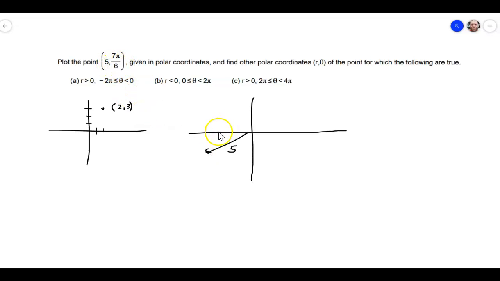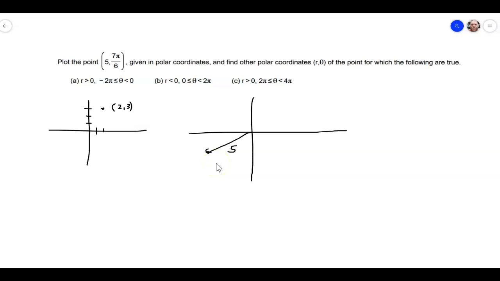If we added another 2 pi, it would bring it again in a complete circle, and once again, if we went 5 units in that direction, it would bring us to this point. So we can add or subtract any multiple of 2 pi and go that radius in the positive direction, that's a positive radius, and get to that point right there. So that's already an infinite number of points that we can have.